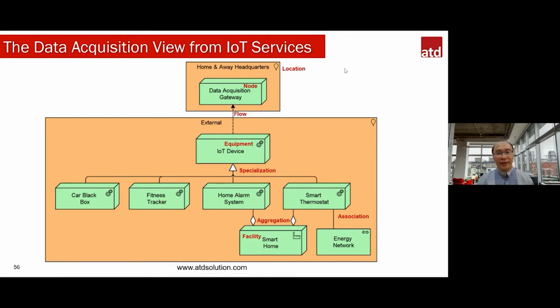Then they can send the information flow into the headquarter, the home and away headquarter, whereby you have the node. The node is basically like a server where you are processing all the data, because from there you can make a decision in terms of giving a special price or competitive pricing, or discount to a particular client based on their behavior.